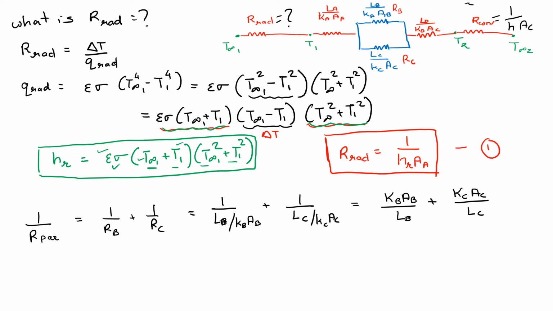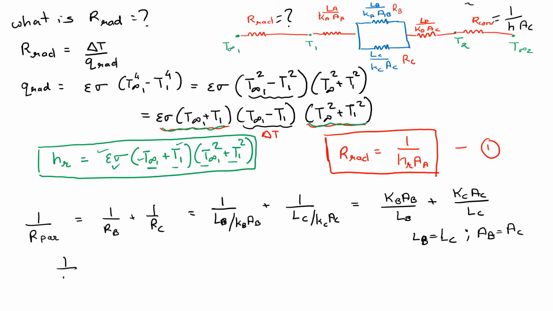Now for simplicity, let's say LB is equal to LC, and AB is equal to AC.